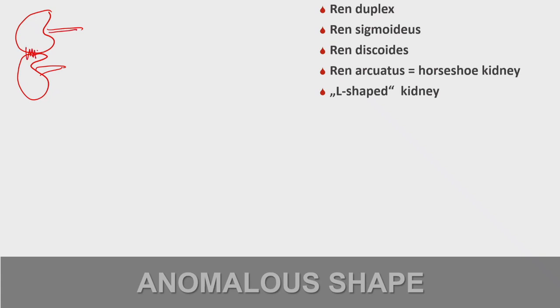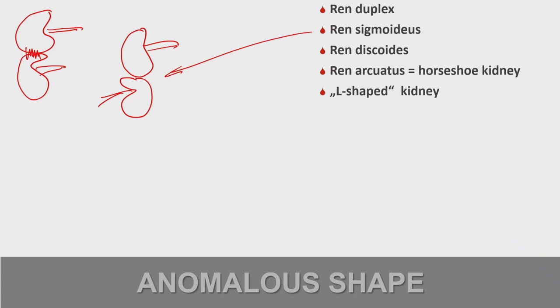They could also fuse. When the duplex kidney has the second one rotated to the other side, and one hilum is this way, the second is this way, then it is called sigmoideus.